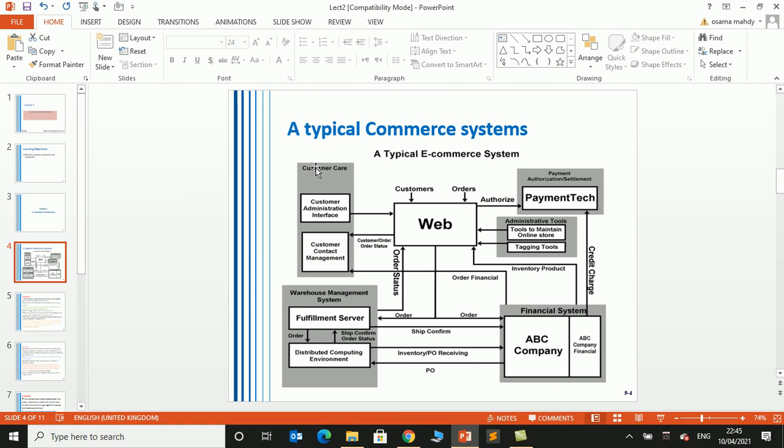The web also integrates with customer services, especially in tracking the customer's packages and service after selling the product. Gathering and collecting customer feedback is very important for the customer care component and servers.